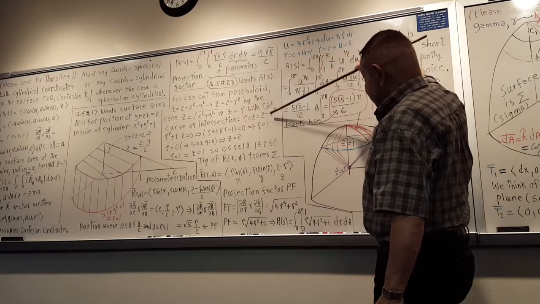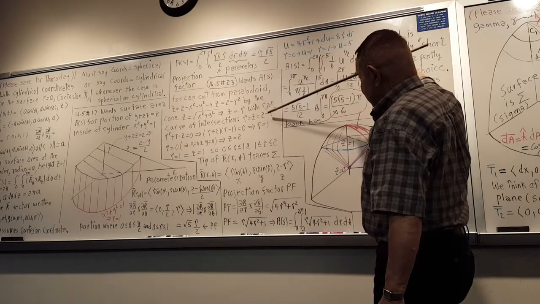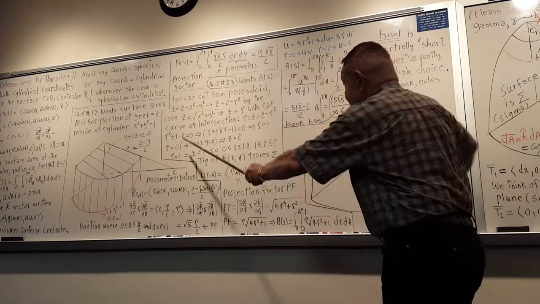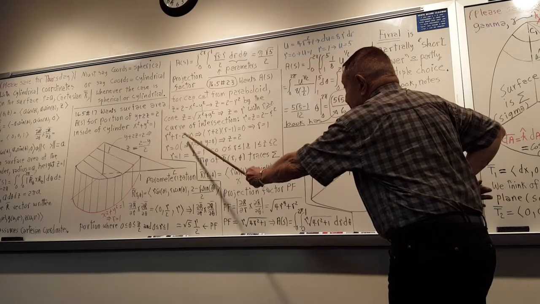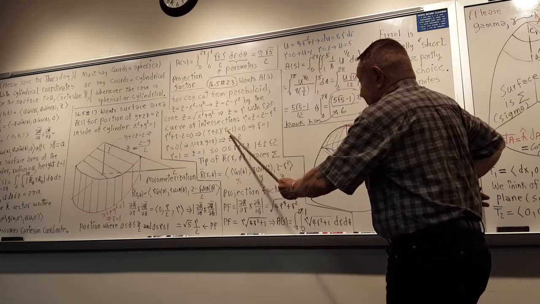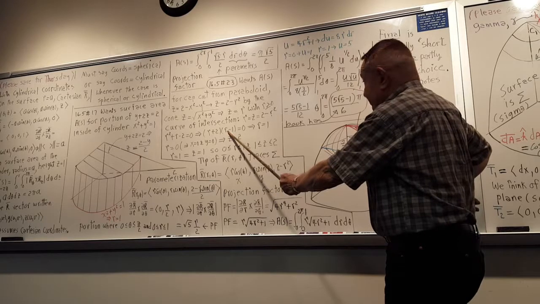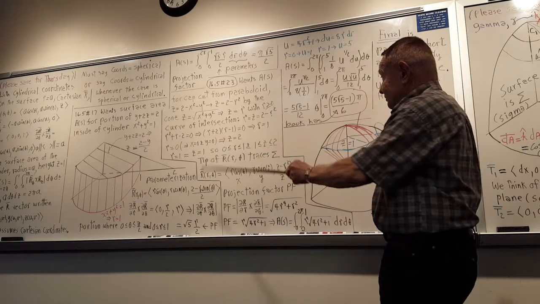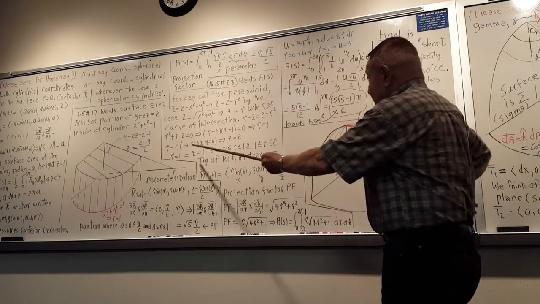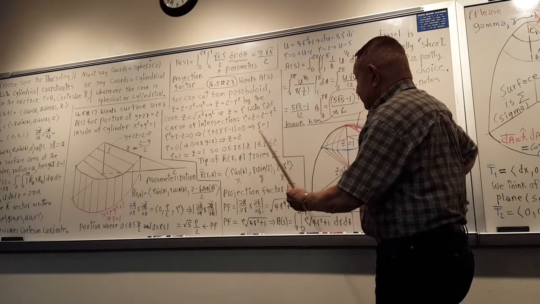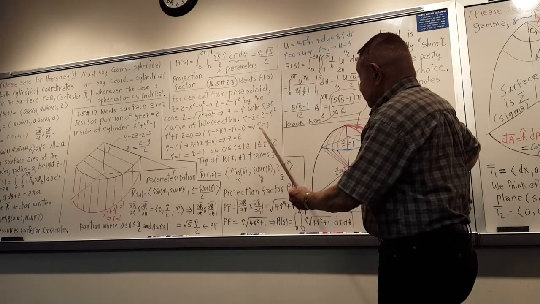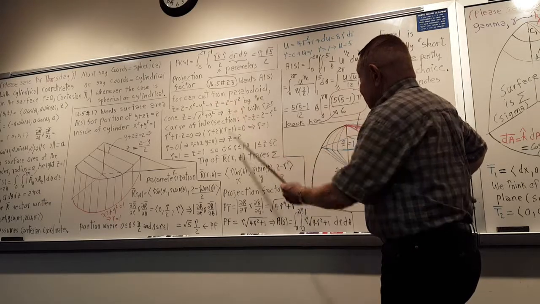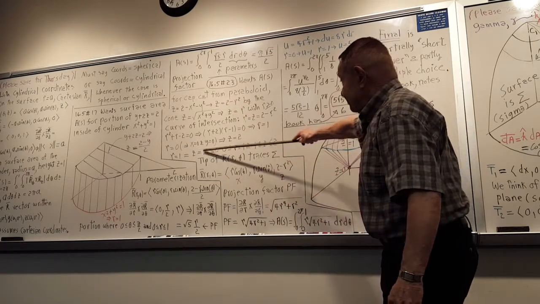So collect your terms. The r squared and the r and the minus 2 then would equal 0, and factor. And remember, your r has to be positive, so you take this factor, not the minus 2. And so if r is 1, then z, if you go back here, z is 2 minus 1, so z is 1.